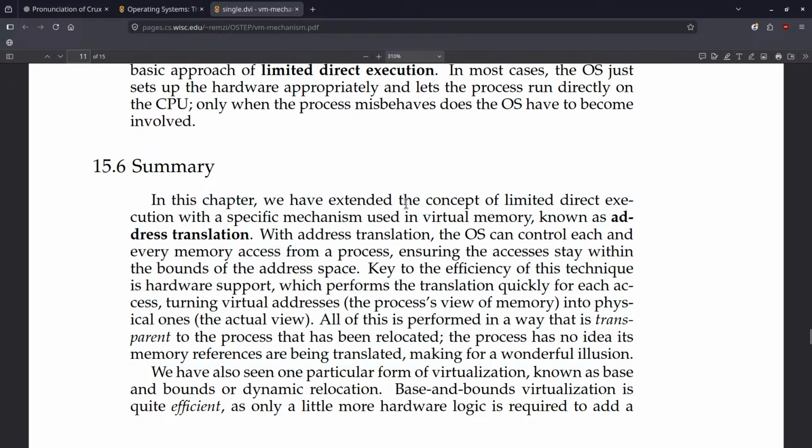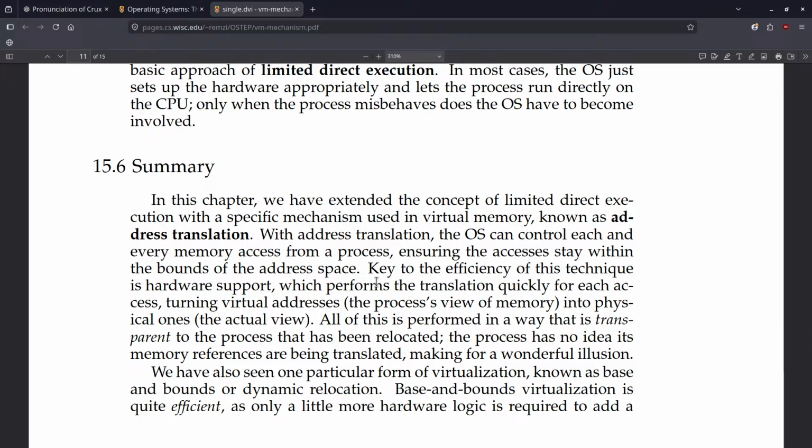Okay, so we have extended limited direct execution with specific mechanisms used in virtual memory, known as address translation. With address translation, the operating system can control each and every memory access from a process, ensuring the accesses stay within the bounds of the address space.